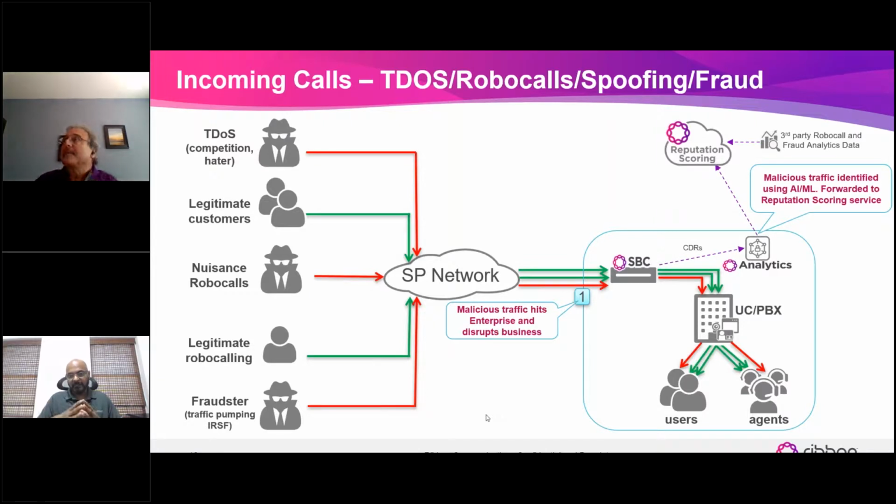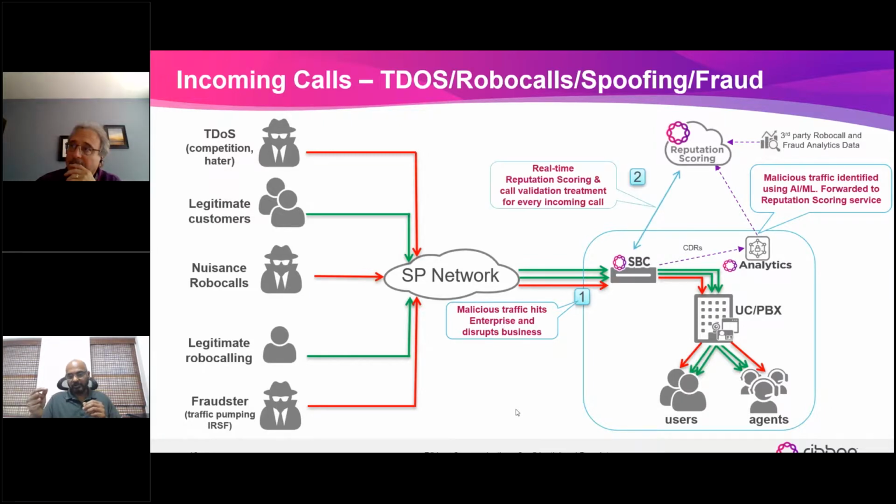The cloud-based system gets insights from the analytics system inside the enterprise, but it also gets third-party information globally from fraud databases, nuisance databases, and also from a Ribbon honeypot service. So the reputation scoring combines the local intelligence from analytics and the global intelligence, and comes up with a real-time score on a call-by-call basis.